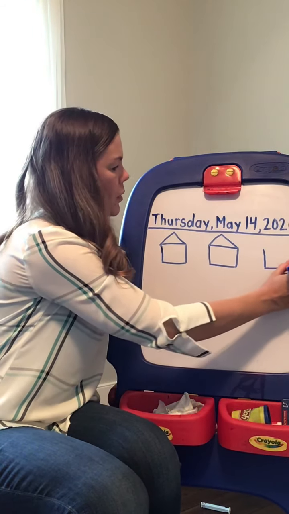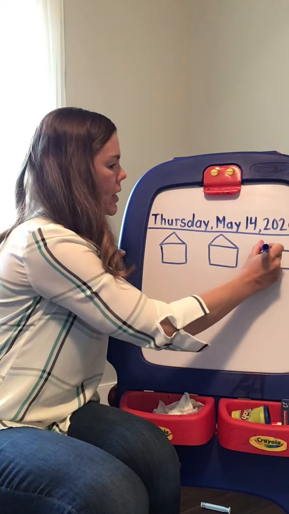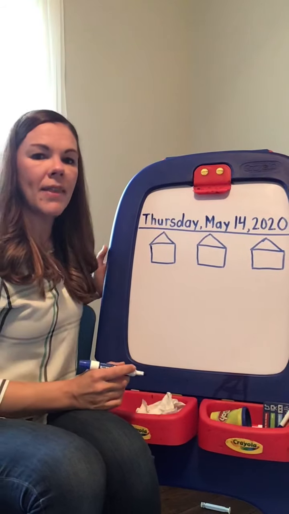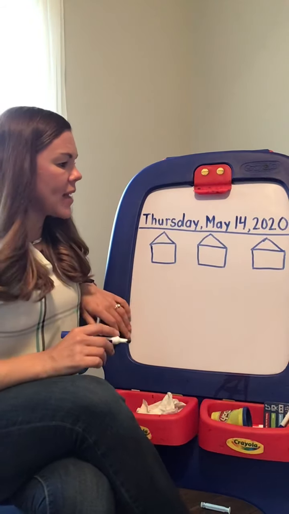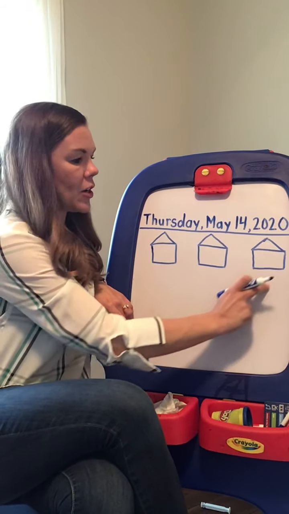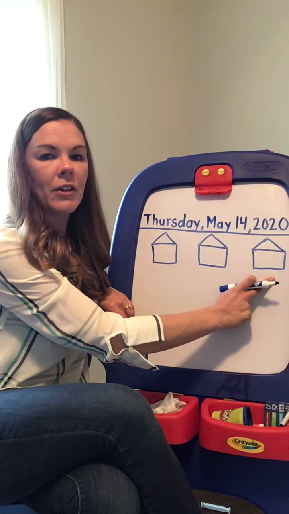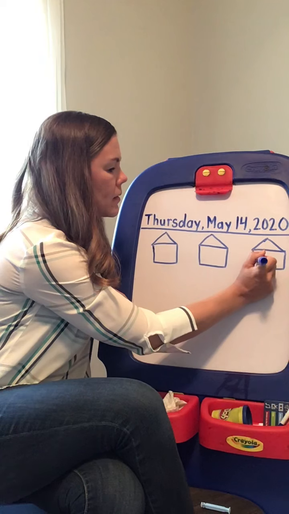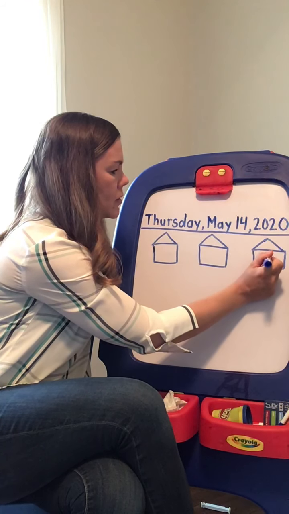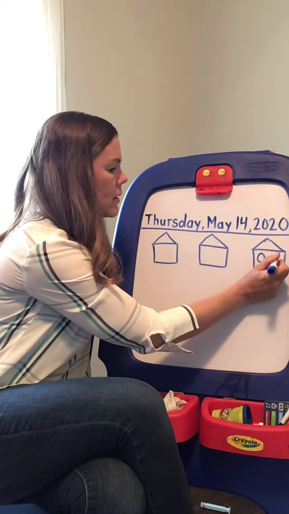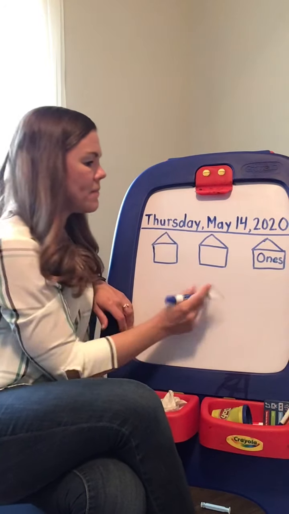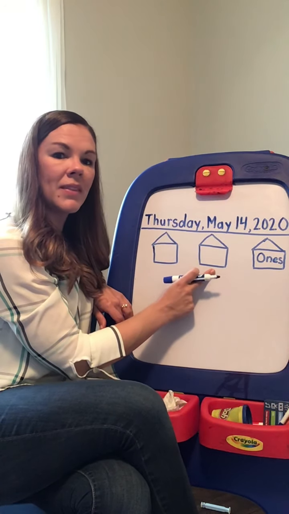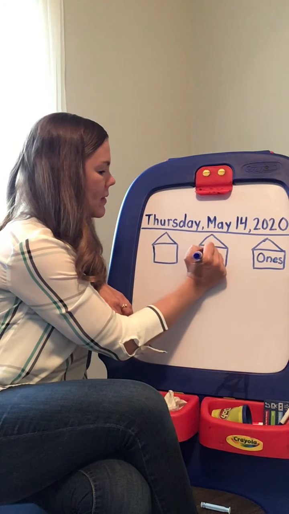So we're going to just put 3 houses on this street, okay? And when I look at that, I have 3 houses on the street, and we're always going to start on this side of the neighborhood. This is the ones house. So the ones family lives here. Next door to the ones family lives the tens family.